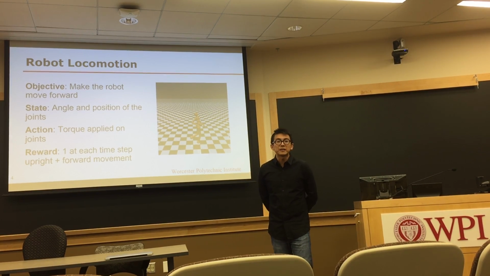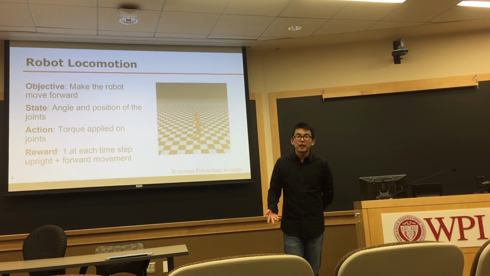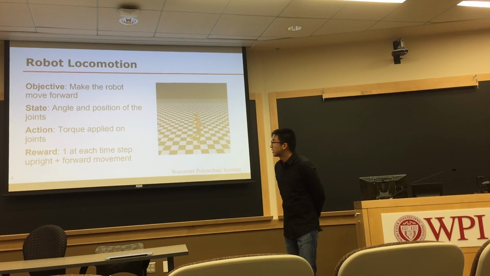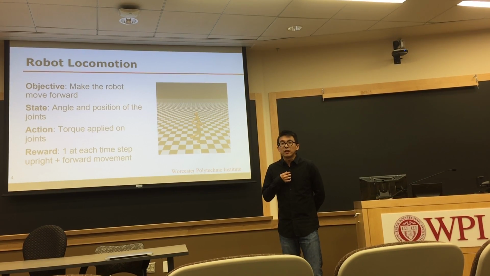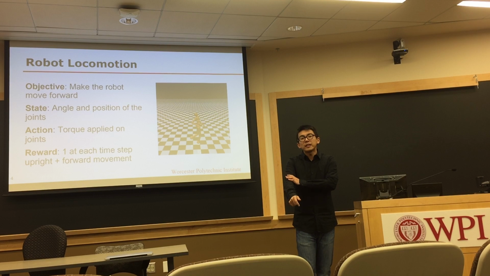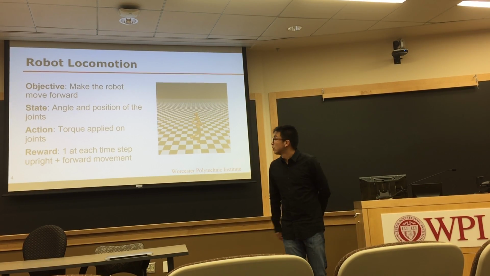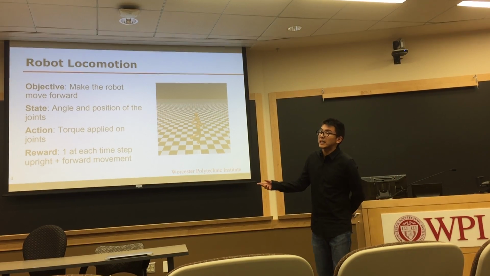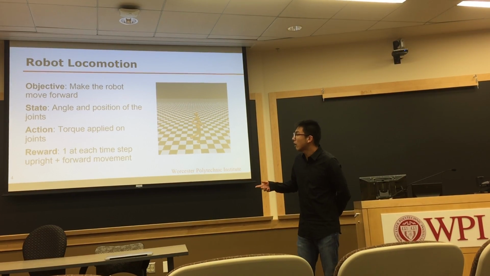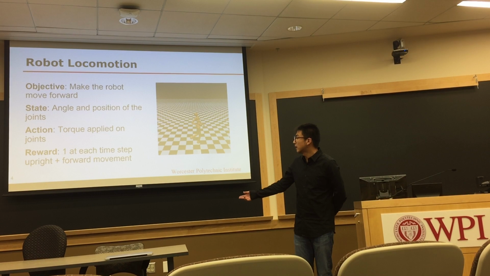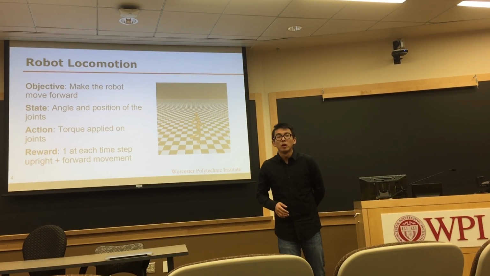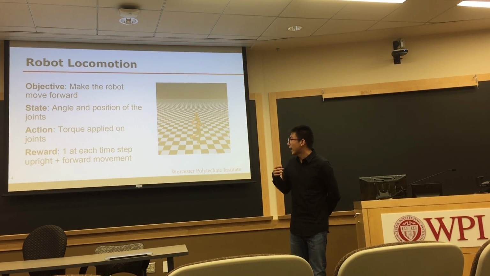The states would basically be the angles and the positions of the joints. Every joint has a motor, which needs to apply a torque to the joint, which can make the robot move. So the action is the torque applied on the joint, and the reward is for each time step we can actually make the robot move forward.